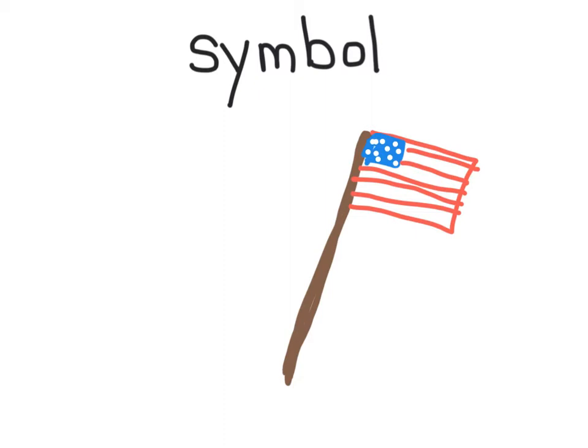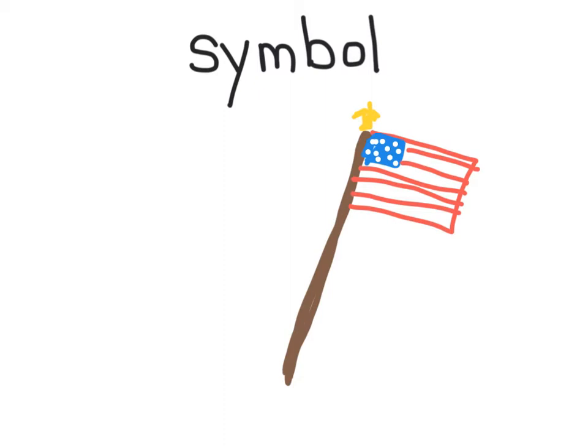The blue stands for liberty. The white stands for purity. Each thing represents something. And we even have an animal that we use as a symbol that you can sometimes see on the top of the flagpoles. Sometimes they'll have a bald eagle on the top of the flagpole because it's also a symbol for our country.